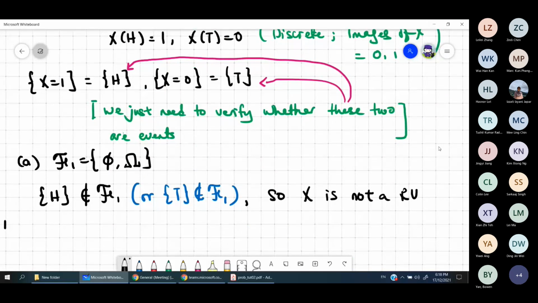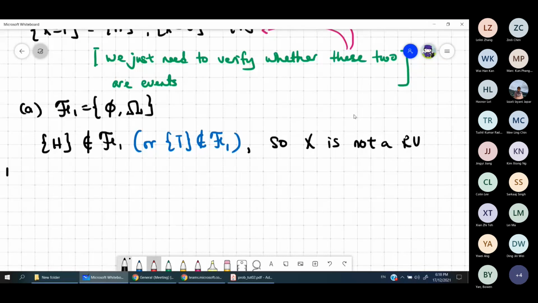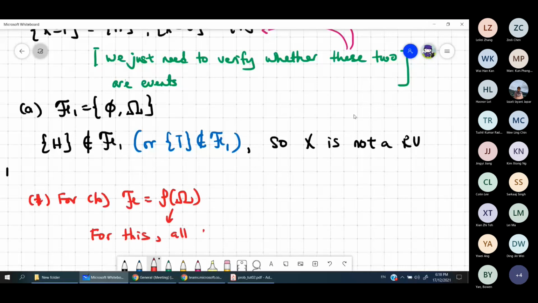So you have no comment with B, right? So I suppose B, you can make it. For B, because the sigma field is the power set, all functions must be random variables. So just to let you know, for B, the sigma field is the power set, so all functions must be random variables.